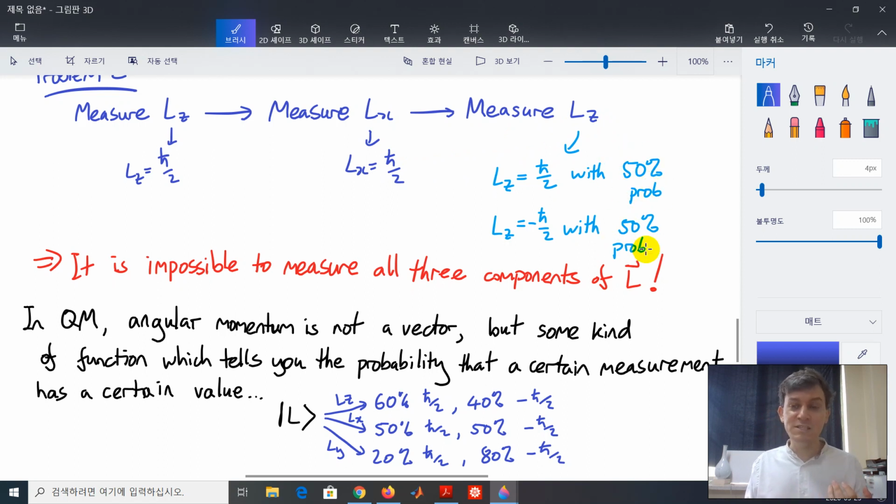And the reason for this is in quantum mechanics, every time you make a measurement of a certain quantity, you can change the state of that quantity. So in this case, measuring the Lx component of angular momentum here changes what the function says about measurements in the Ly and Lz directions.